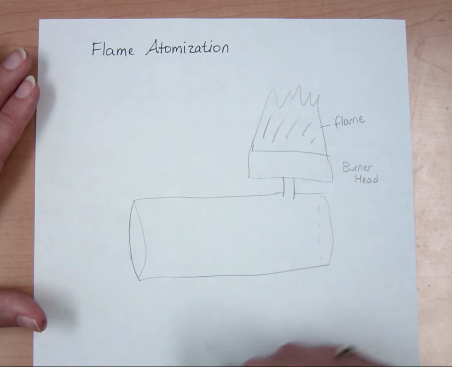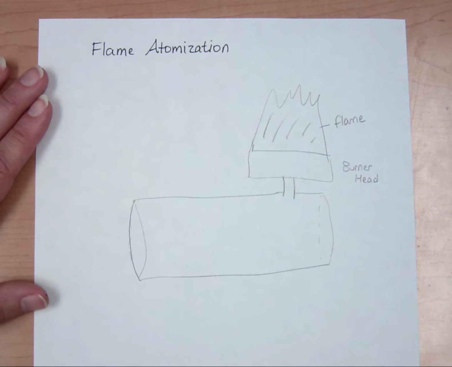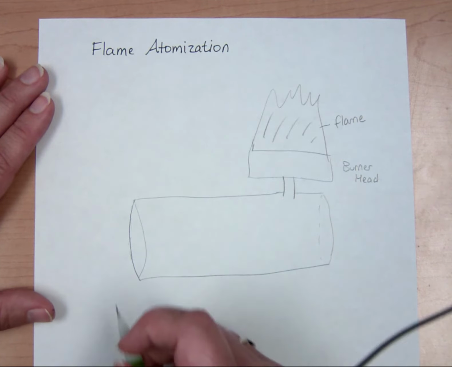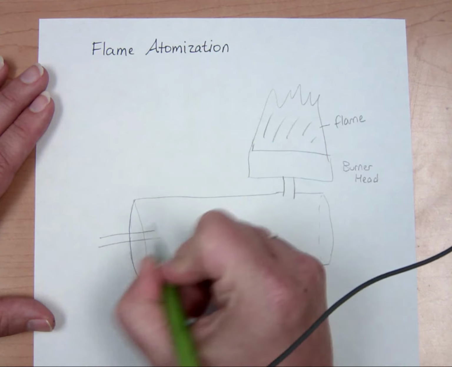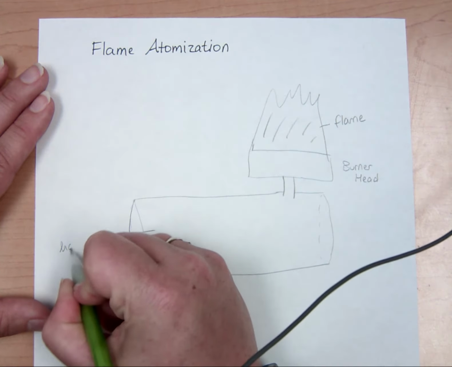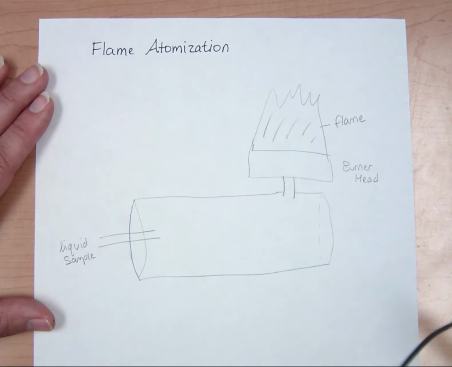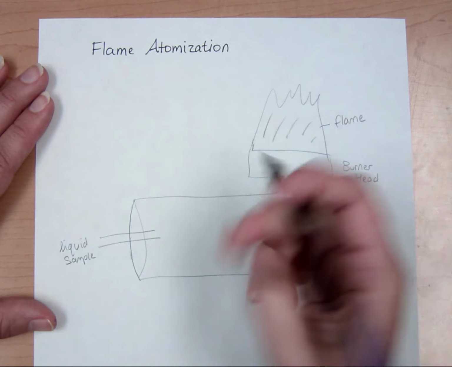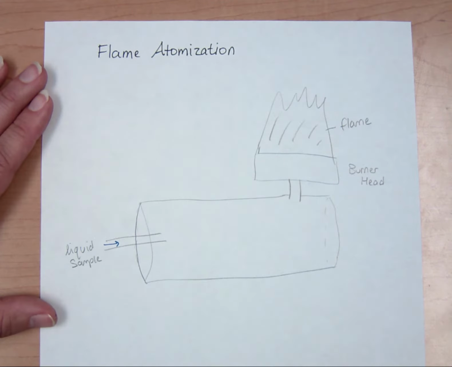Going into the center of the cylinder, we need somehow to get our sample in, okay? And so I'm going to feed my liquid sample in. Okay, and so here goes my sample fed in to the flame atomizer.